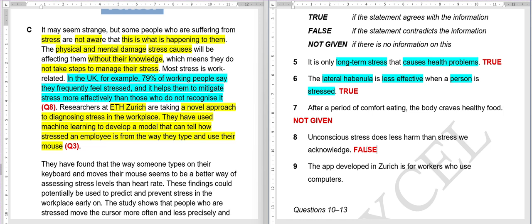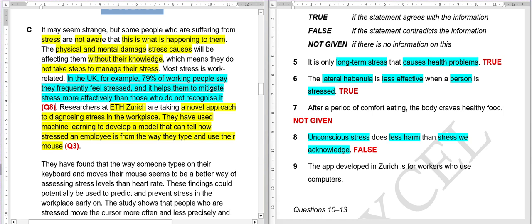Why is it false? Let me explain. Because they are saying unconscious stress does less harm than stress we acknowledge. So if you are acknowledging your stress, it will harm you more than the stress that you don't acknowledge, basically don't know about. Unconscious, you are not aware of that stress. But here it is saying it helps them to mitigate stress more effectively than those who do not recognize it.